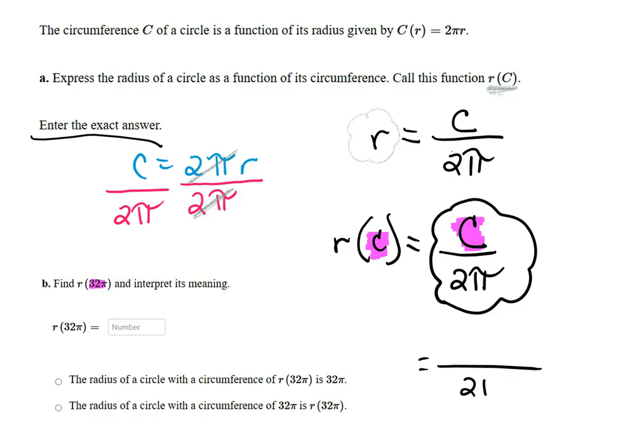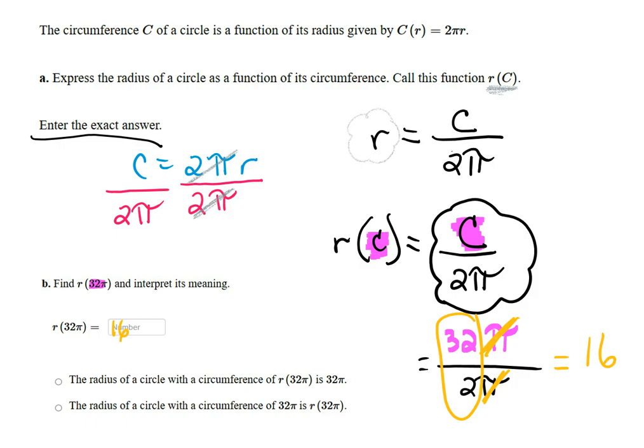So I'll still have 2 pi in the denominator, but now I'll have a 32 pi in the numerator. And we can simplify that because pi over pi cancels. And then this is just 32 divided by 2, so I get 16. So the answer here is 16.